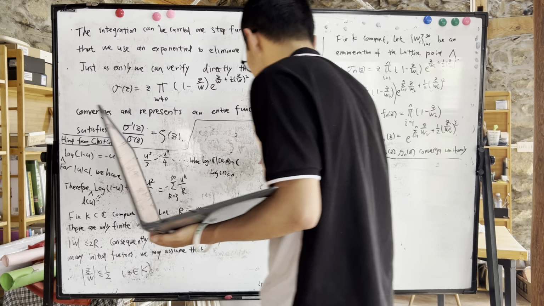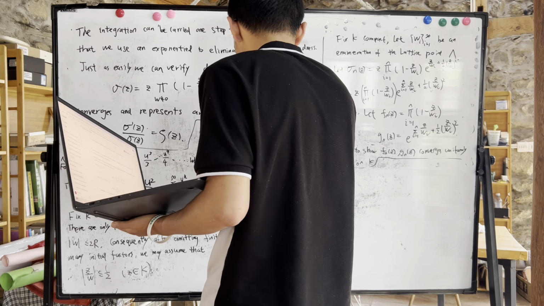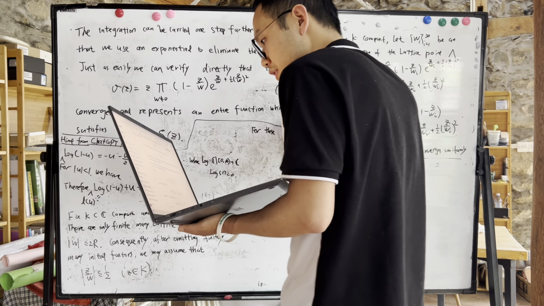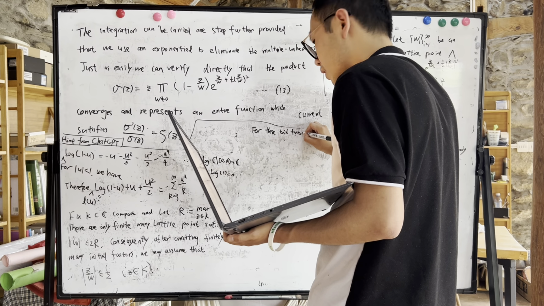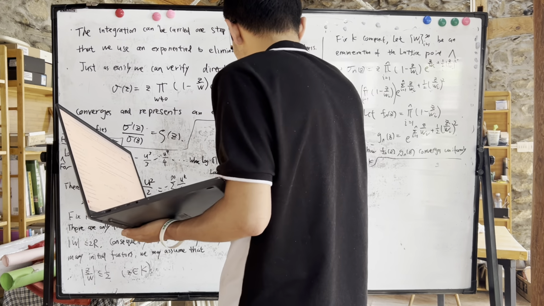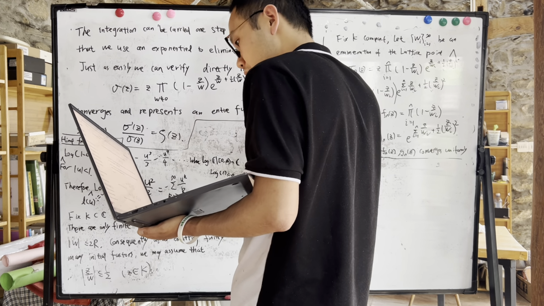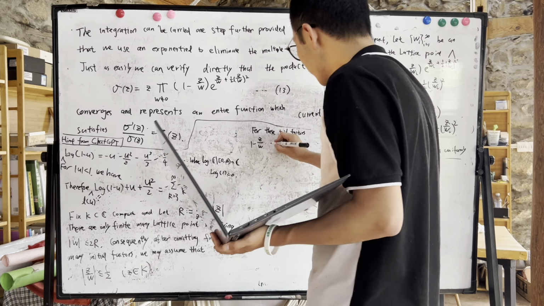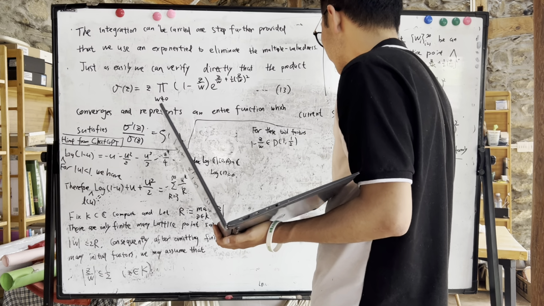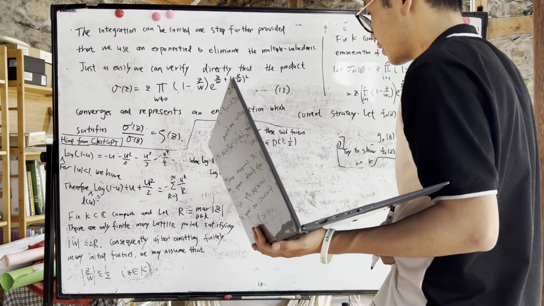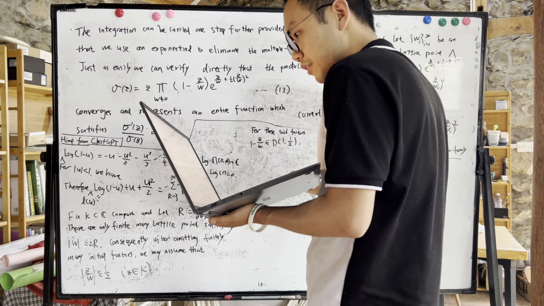Okay, so now for these tail factors, we have 1 minus z over omega lies in the disk centered at 1 of radius 1/2.